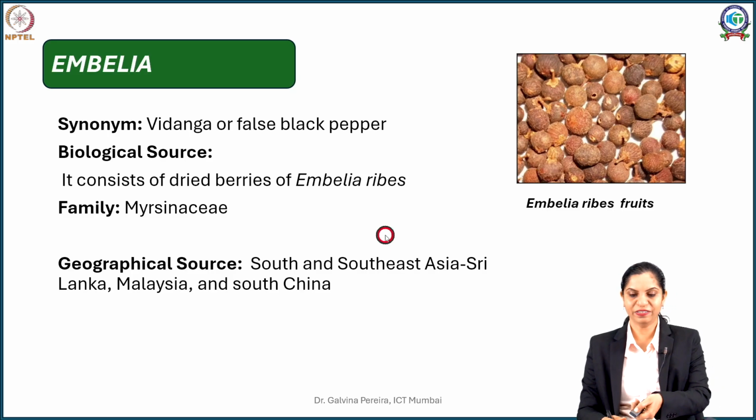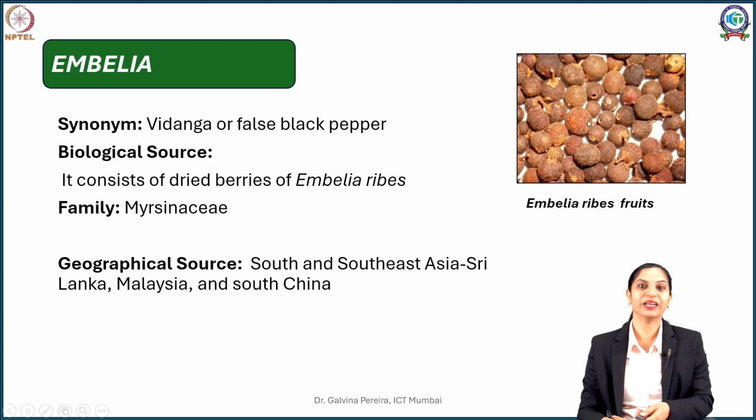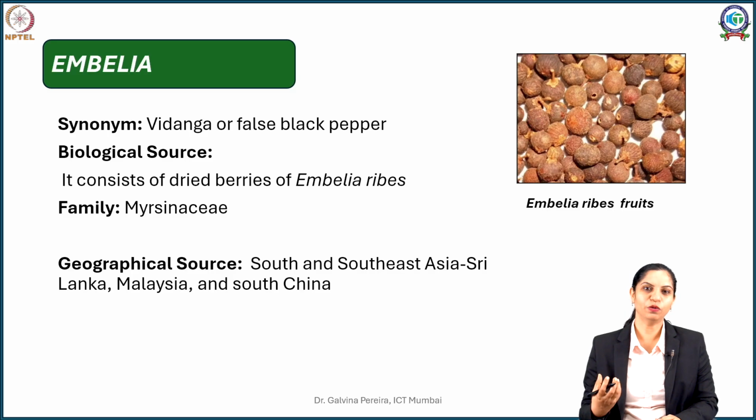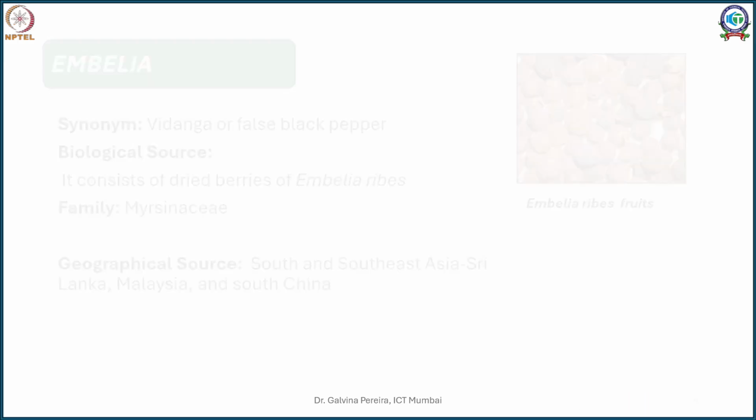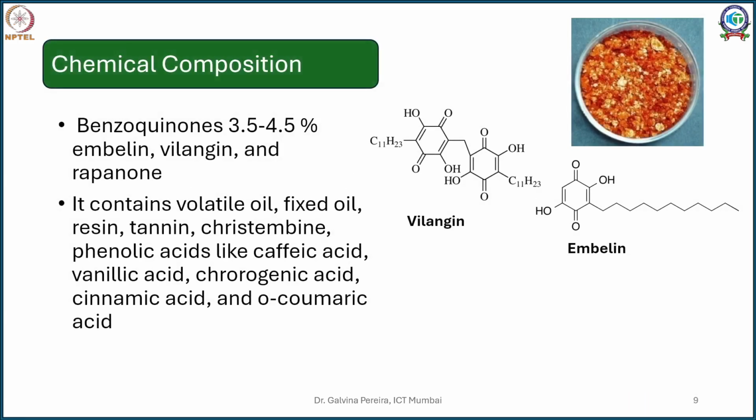If you wait till late monsoon, they will become blackish in color, and then they are difficult to manage because they have a good content of tannins. So even the decoctions or the preparations containing them become very dark. So, what does this Embelia contain?